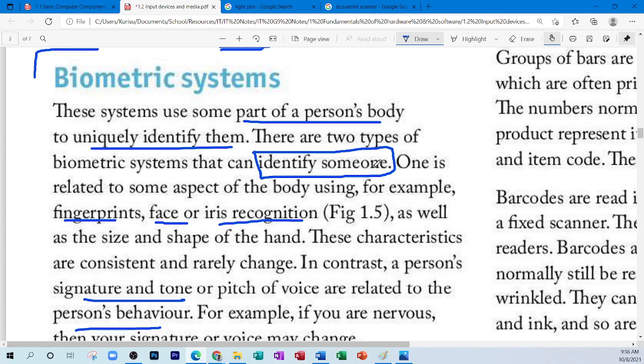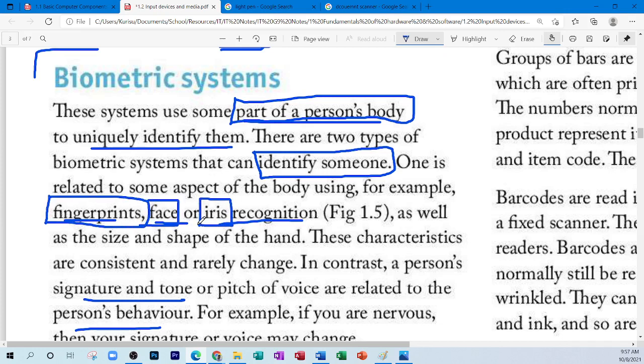A biometric system is used to identify someone, but please note that these systems use a part of a person's body. That's the main thing to remember. Biometric systems use a part of a person's body. So that can be your fingerprint, as mentioned. It can be your face. It can be your iris. It can even be your voice.